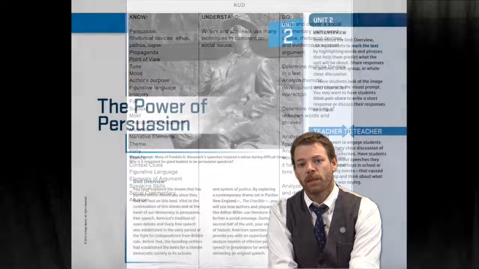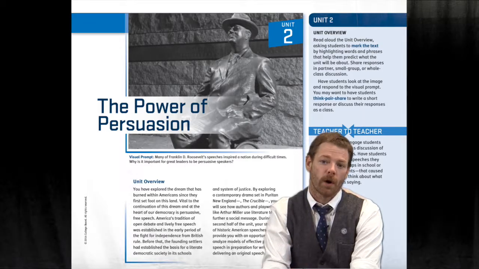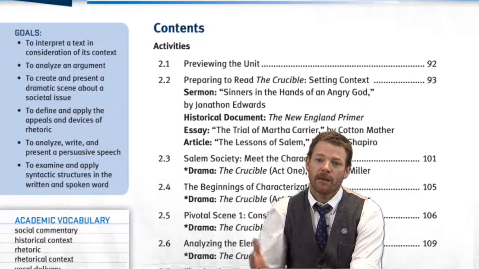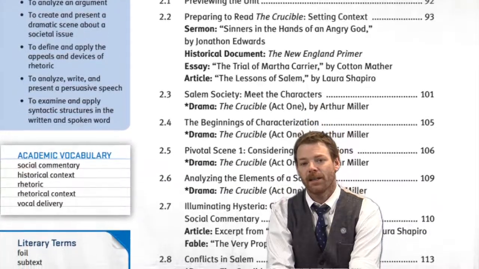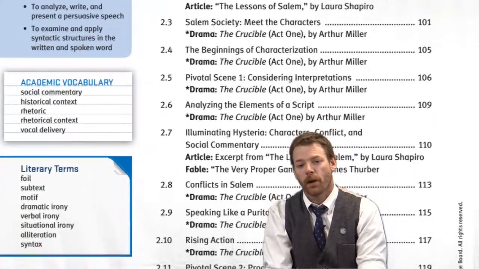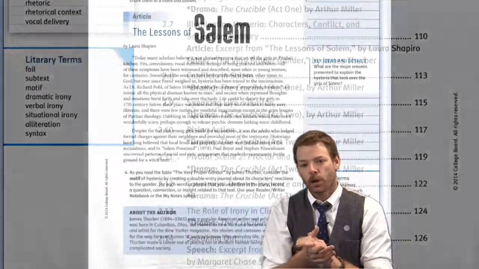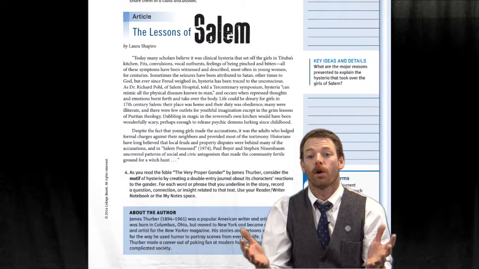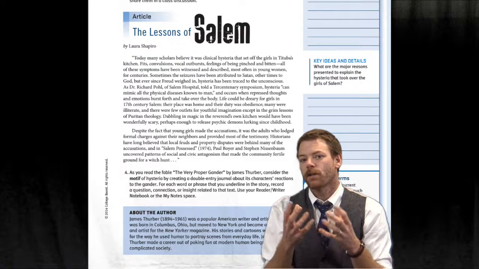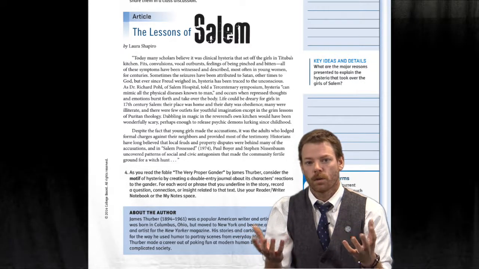So this unit is broken up really into two parts in Springboard. The first section of the unit is entirely dedicated to the play The Crucible by Arthur Miller and supplemental readings around that. And The Crucible is really a very, very large example, a generalization of using rhetoric.